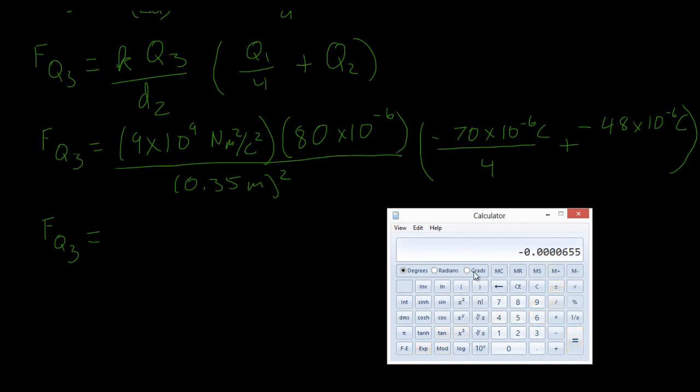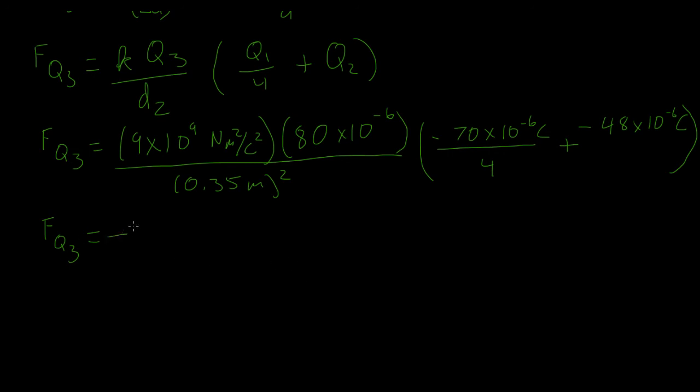And then I will multiply, so times 9 with an exponent of 9, times 80 with an exponent of negative 6, and then we will divide by 0.35 squared equals. And I'll round this to negative 385. So the force on Q3 equals negative 385.